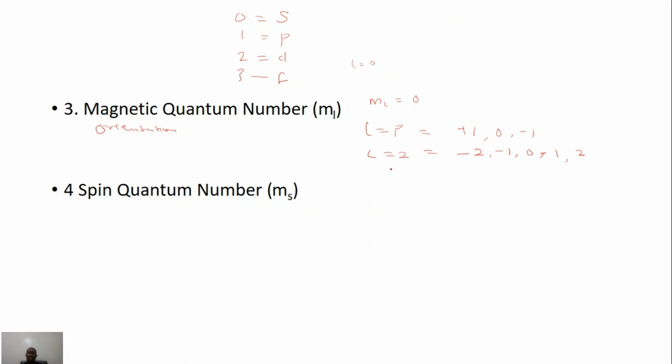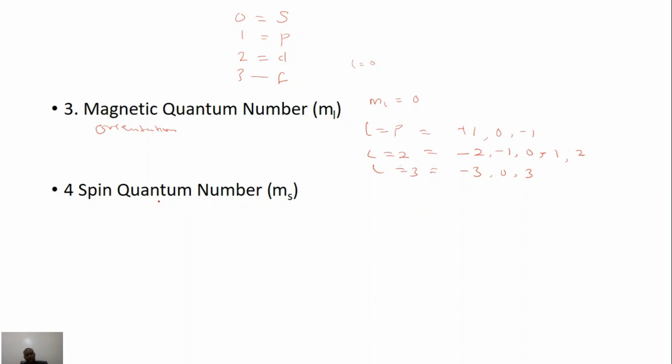Also, if l is equal to 3, which corresponds to orbital f, the value will range from minus 3 through 0 to 3. These are the possible values of the magnetic quantum number ml, which determines the orientation of the orbital.